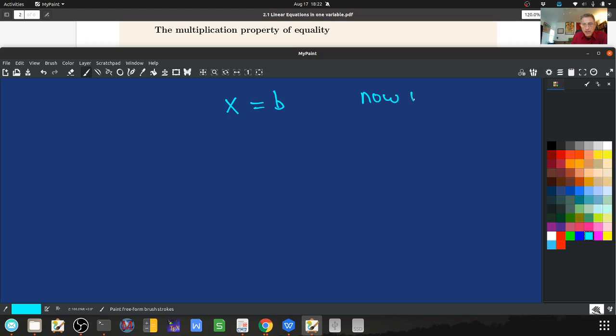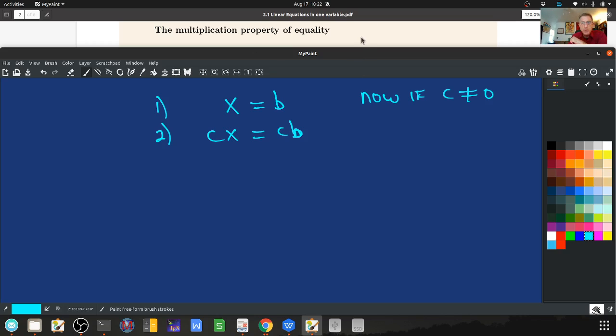Now, if c is not equal to 0, and of course it's a real number not equal to 0, then cx equals cb, and this equation and this equation are equivalent. So basically what that tells you is, if I have an equality, as long as I multiply the entirety of both sides by the same non-zero number, I have equivalent equations.